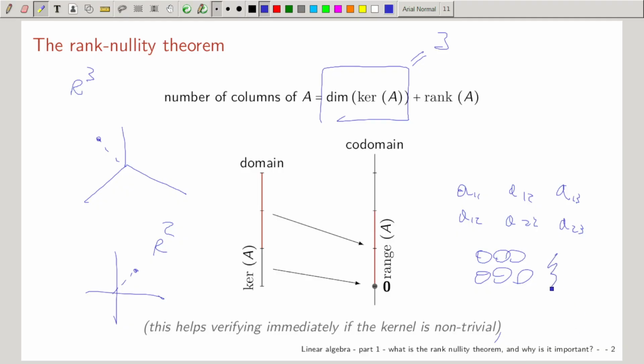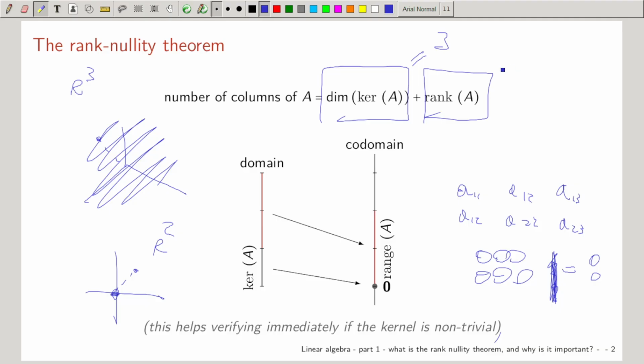Because everything three-dimensional here gets mapped into 0. Everything here gets mapped into this. How much are we together, people? Perfect. The rank in this case equals 0. How many columns do we have? 3. Perfect. Are we together?